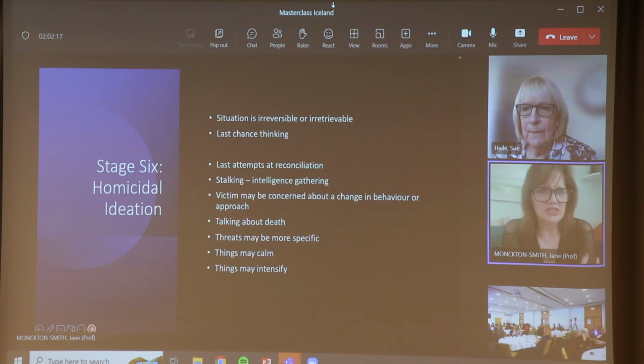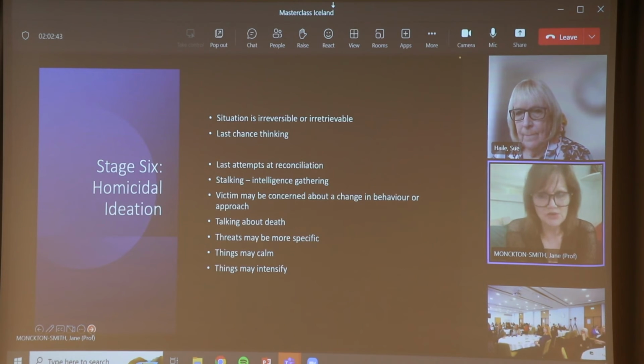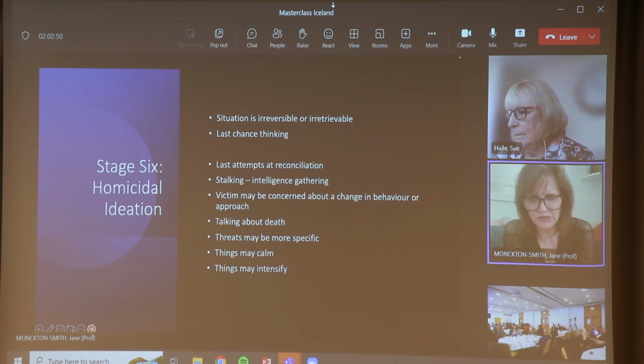So stage 6 changes. Now, I mentioned the guy had tea at 5 o'clock every night, and this had been going on for 20 years. Now, in this particular case, what we found out after the homicide, and we found out by talking to the grown-up children of this relationship, they'd left home by this time, but she, their mother, was still living in the house with him, but they had decided to separate, and they were staying in the house whilst it was sold.